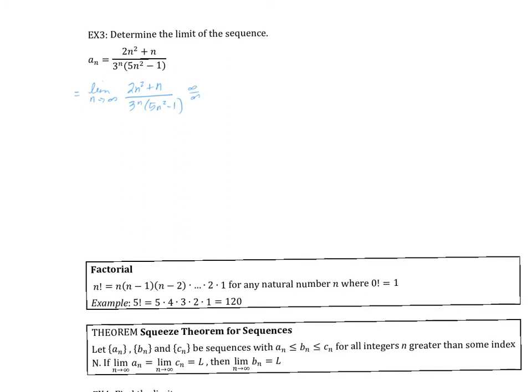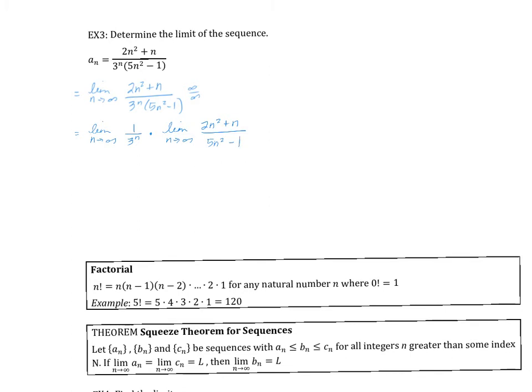So I'm going to use a bunch of stuff. I'm going to break this up, because it seems like a big, huge mess, into the limit as n goes to infinity of 1 over 3 to the n, times the limit, which I'm allowed to do, as n goes to infinity of (2n squared plus n) over (5n squared minus 1).